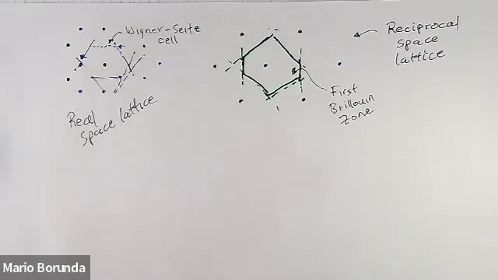This is a 2-dimensional thing, but it also exists in a 3-dimensional lattice, and it would be like a little cube, right? If you had a cubic cell in real space, you would have a little cube cell in reciprocal space. So the first Brillouin zone is going to tell you all the information you need for the electronic structure of the system, for how the phonon modes appear in the system, and so forth. All of that information is in this first Brillouin zone. Okay?